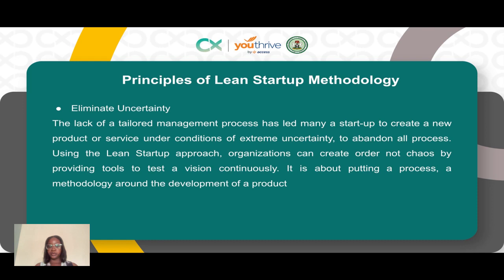Using the lean startup approach, organizations can create order, not chaos, by providing tools to test a vision, so continuous iterations. Can you see how similar it is to agile methodology? And it's about putting a methodology around the development of a product.